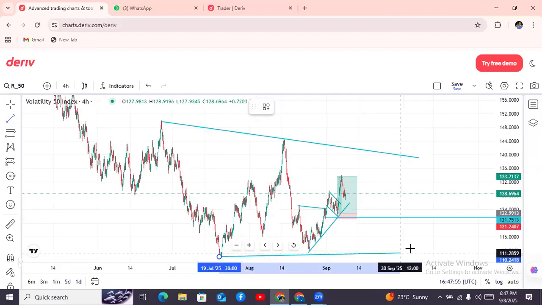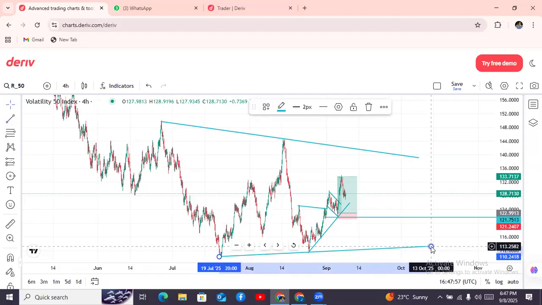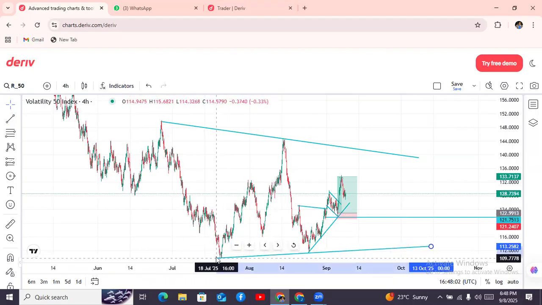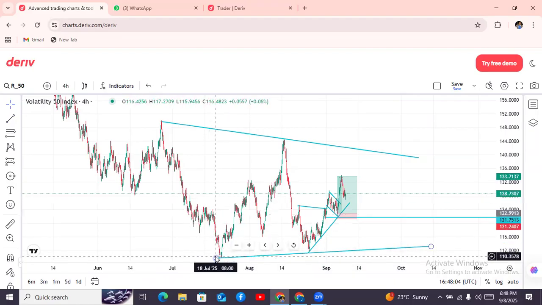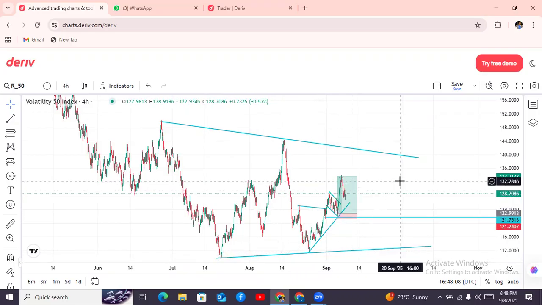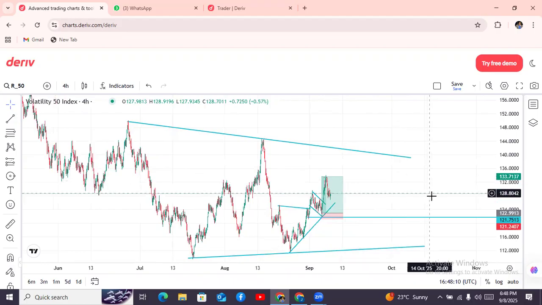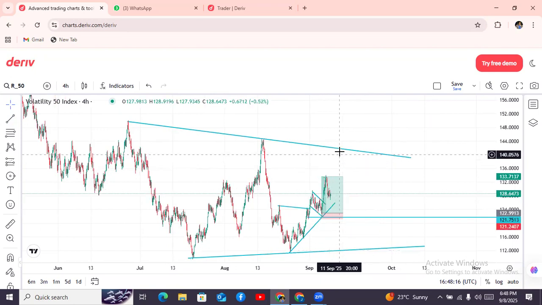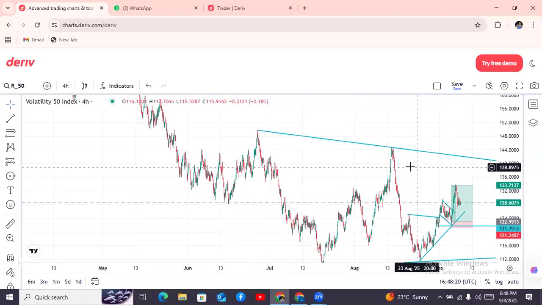Then down there we have that touch. So it's a very good setup because it can give us the possibility either of coming down to give us a third touch from there and then we buy again, or it can go up to give us a third touch from there and we can sell.